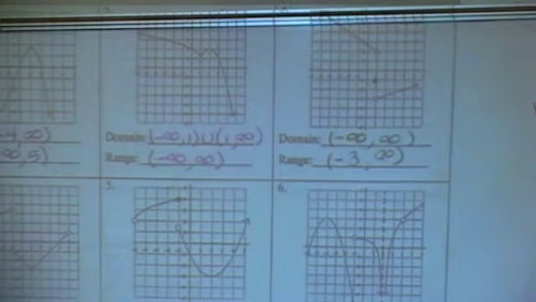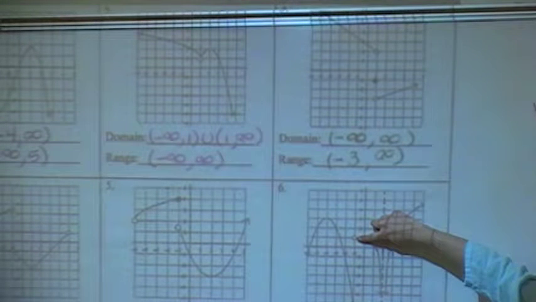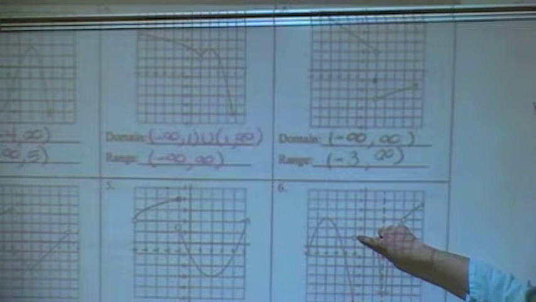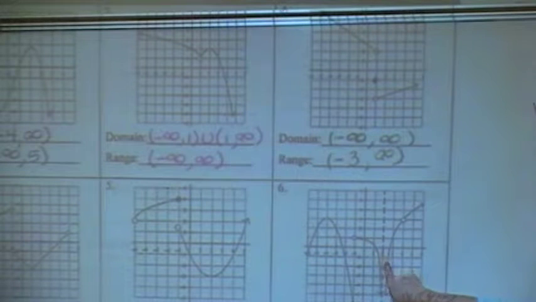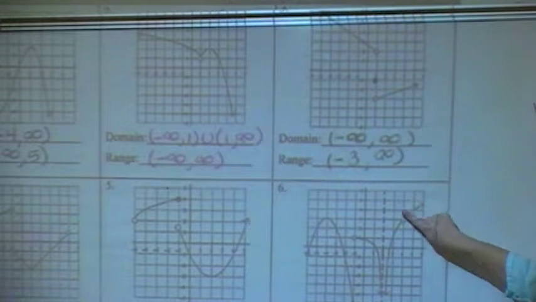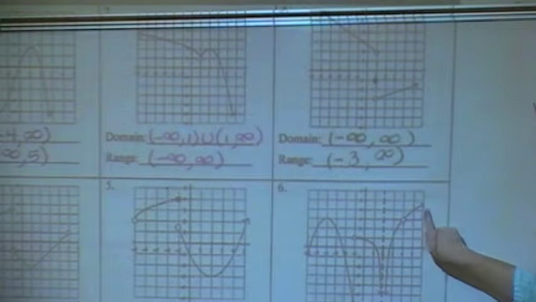That one's kind of messy and a little bit difficult to read, but we start here going negative infinity, and here we have a solid dot right here on negative 1, so even though this is an open dot, it's okay because that's solid. Starts here again right after it, so we've not had a break in x values until it gets to the asymptote. Then you have to start over. Then this is a break because there's an open dot and there's nowhere that it's filled in, and then it starts again.